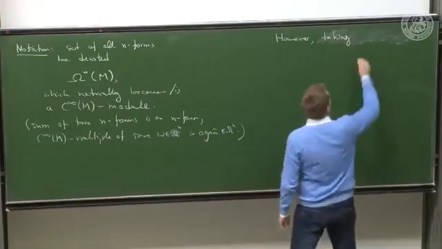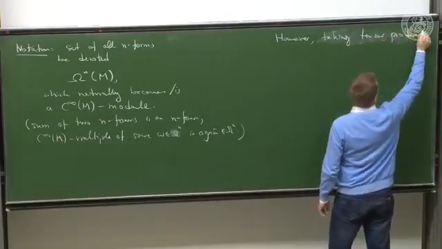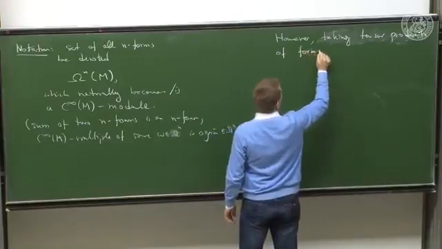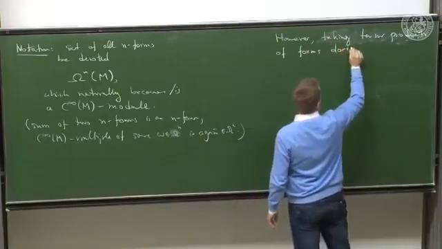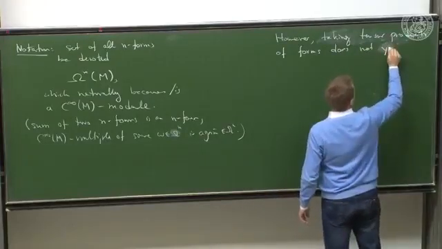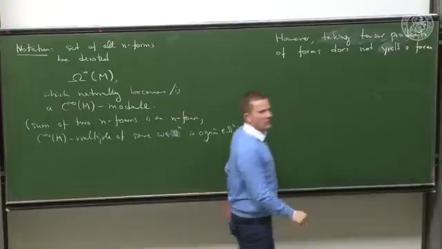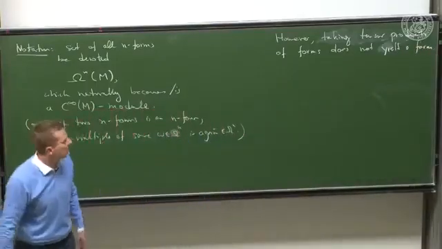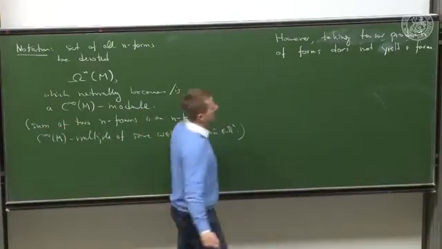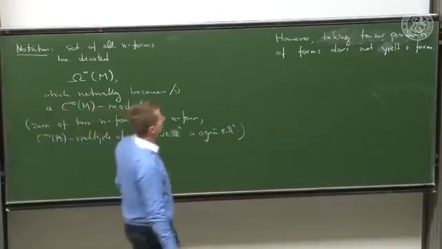Taking tensor products of forms does not yield a form, unless one of the forms was a zero-form. Generically it doesn't. But we would like to have a kind of tensor product that again yields a form.